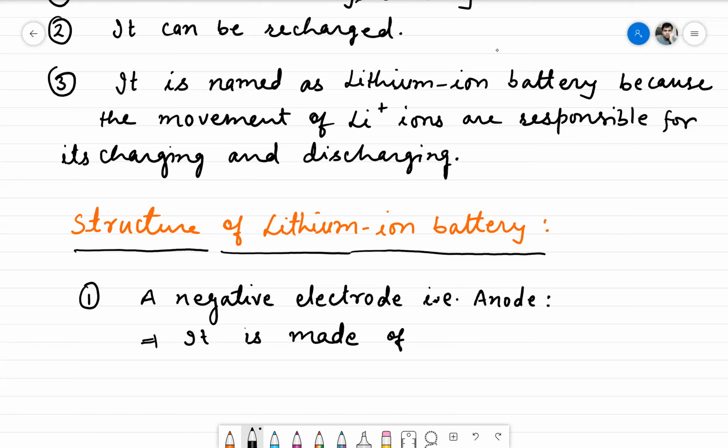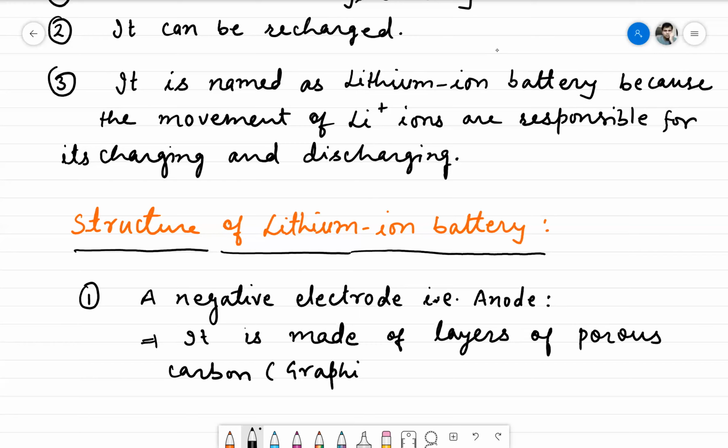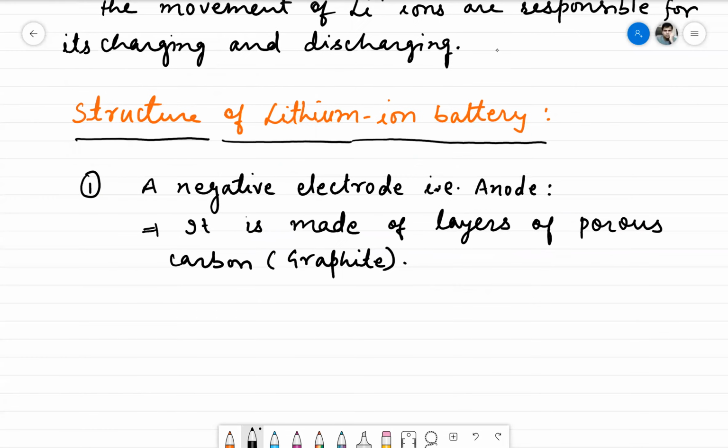Graphite is made of layers of porous carbon, and as you already know, graphite is the allotrope of carbon.